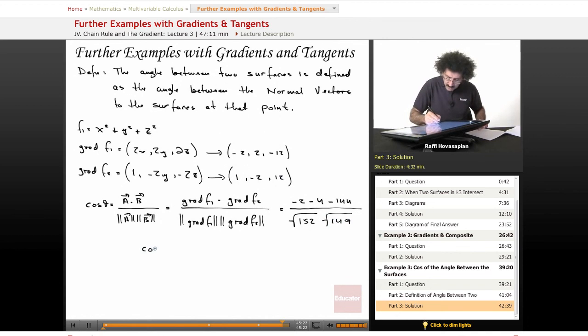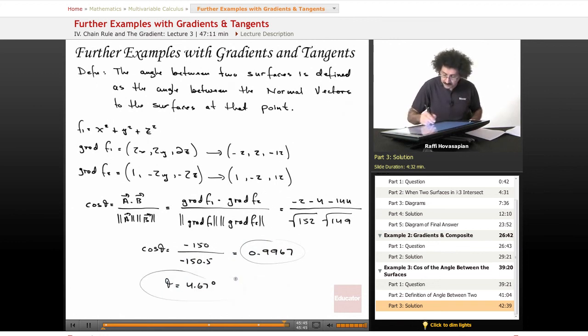So we end up with cosine of theta equal to minus 150 over that, which works out to about minus 0.9967, which is what we wanted. And if you want theta itself, it's going to be about 4.67 degrees. Again, hopefully I did my arithmetic correctly, but ultimately arithmetic is not the real issue.